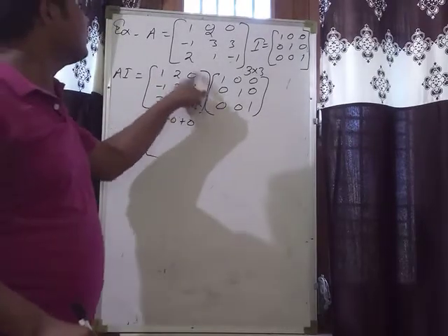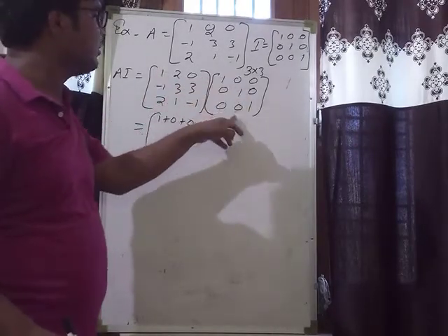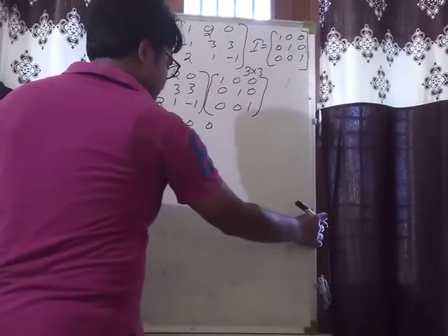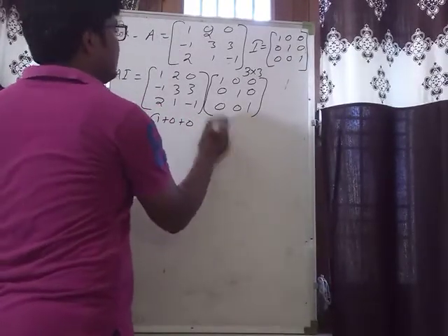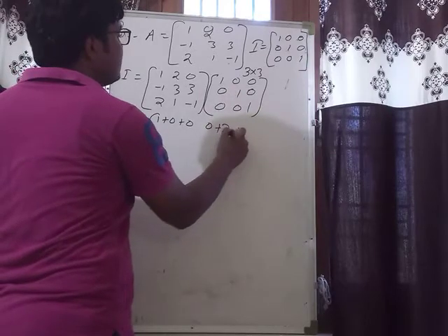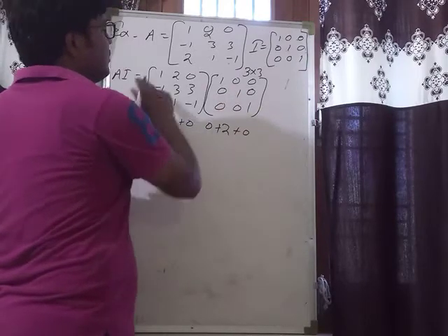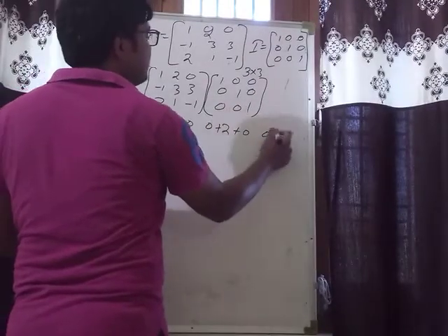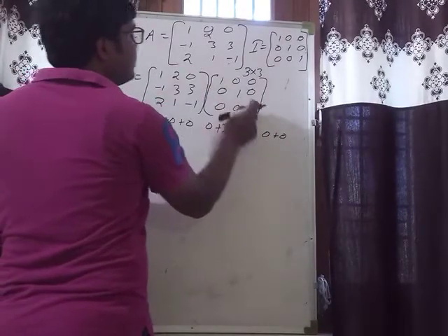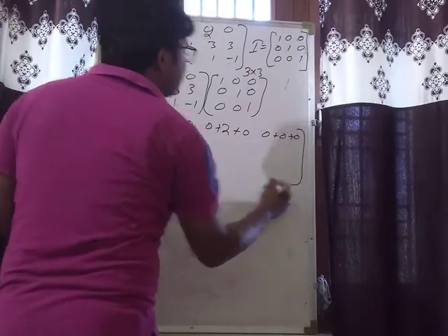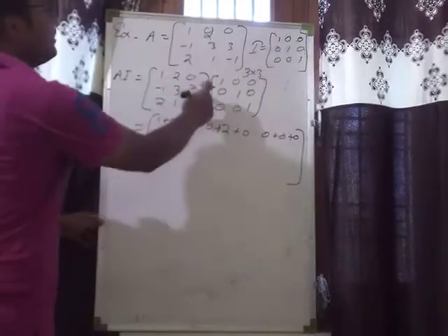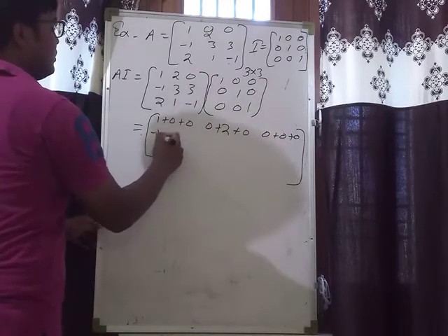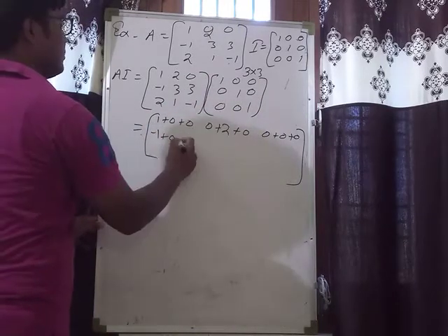Next, the first row and second column. So 1 into 0, 0, plus 2 into 1, 2, plus 0 into 0, 0. First row, third column: 1 into 0, 0, 2 into 0, 0, 0 into 1, 0. Now second row, first column: minus 1 into 1, minus 1, 3 into 0, 0, 3 into 0, 0.